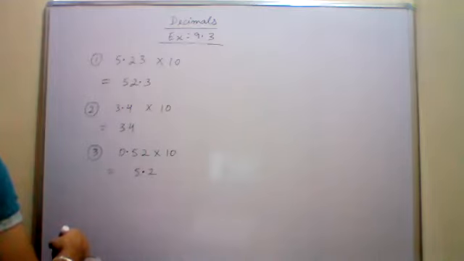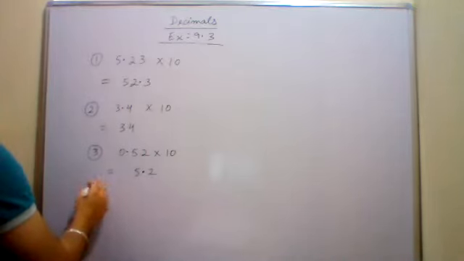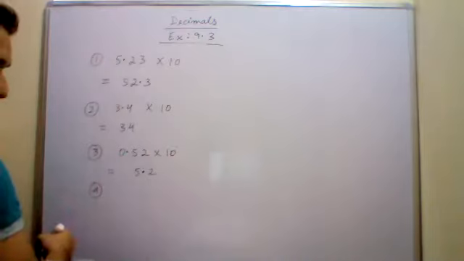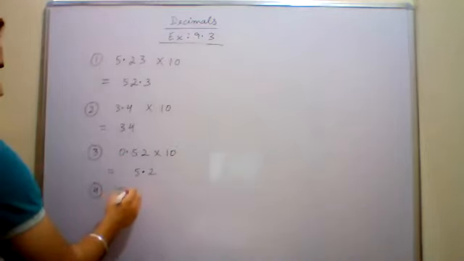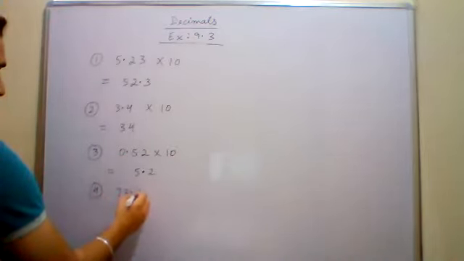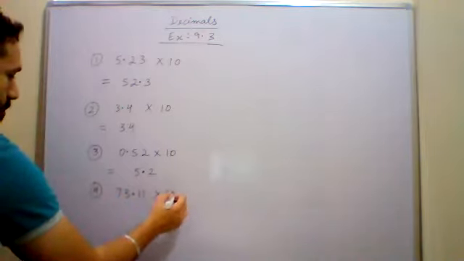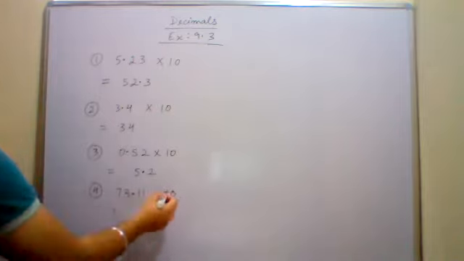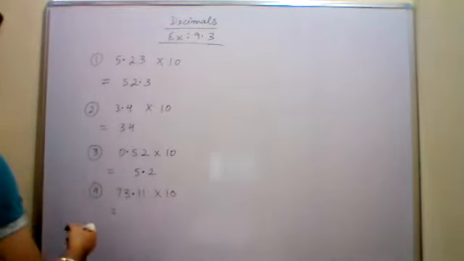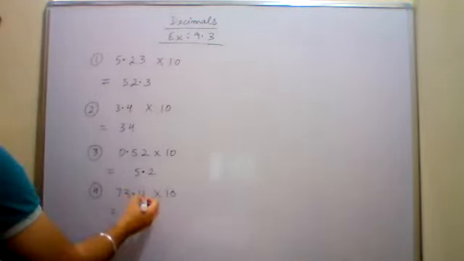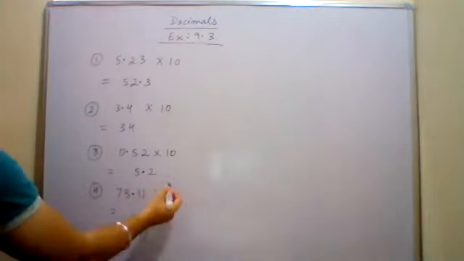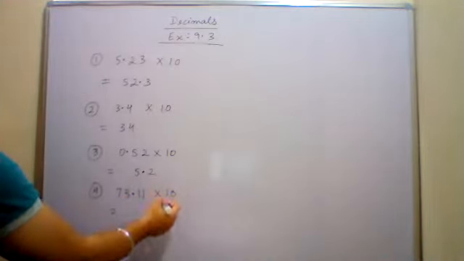Okay. Let's see the fourth one also. Fourth one, 73.11 multiplied by 10. In this case, again, the number is multiplied by 10.